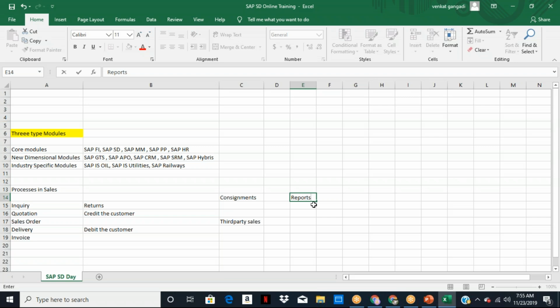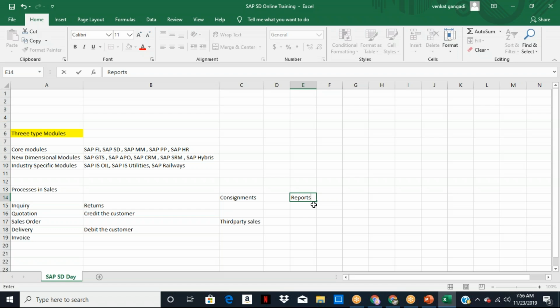You get these reports by running standard reports and by developing new custom reports. These are the different things you do in your SAP SD area.